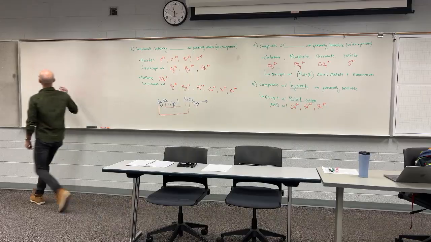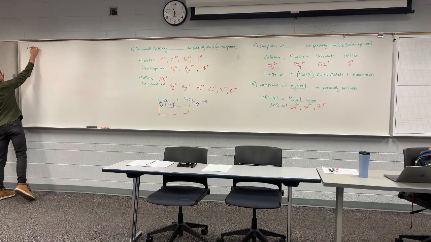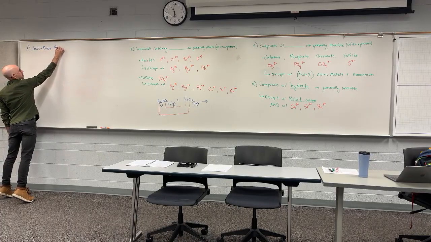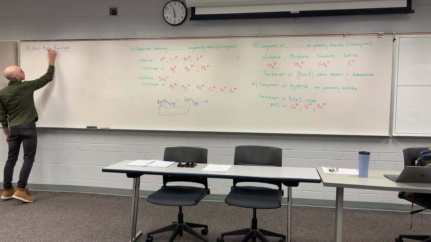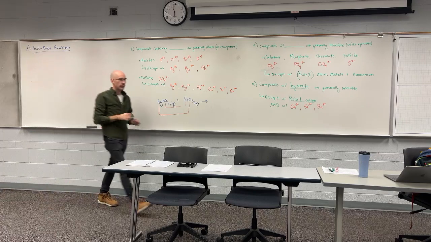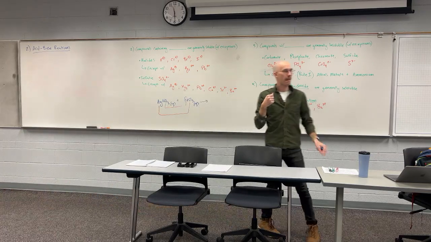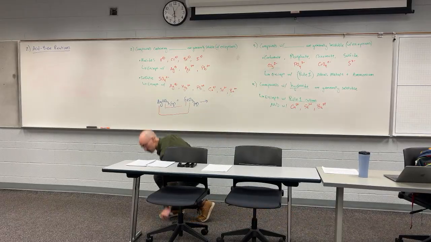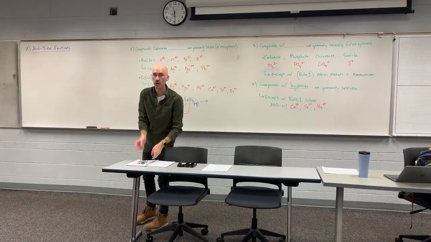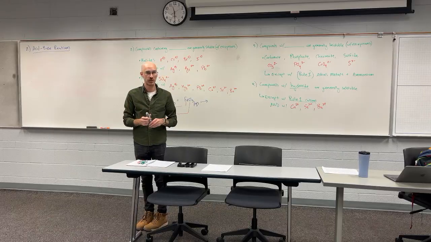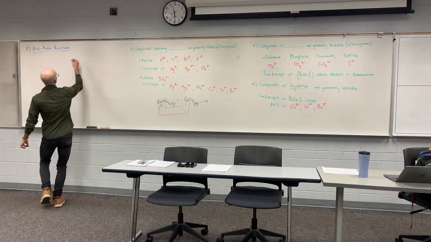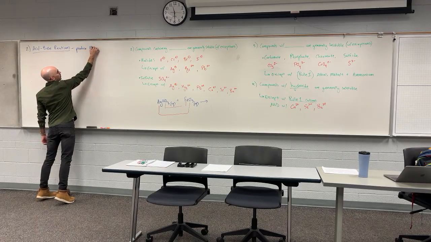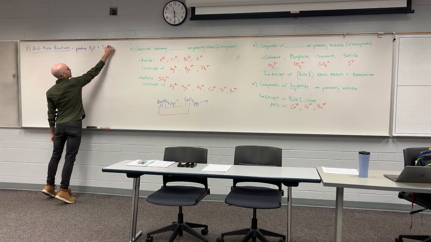Okay, reaction type number 2. Acid-base reaction. There are many definitions of acid-base reactions. We are going to focus on one of those definitions. These are reactions that produce water and a salt.